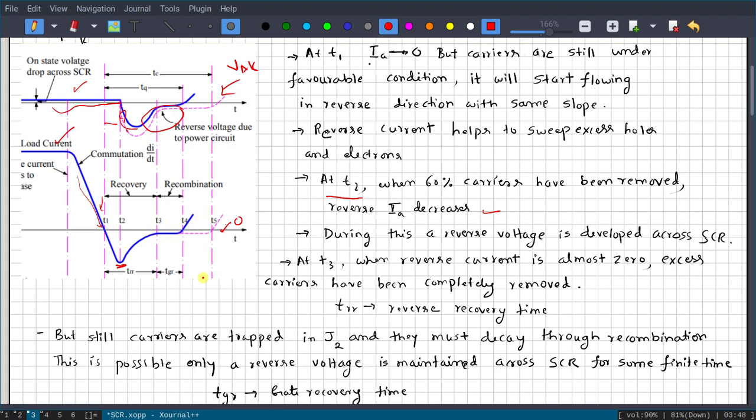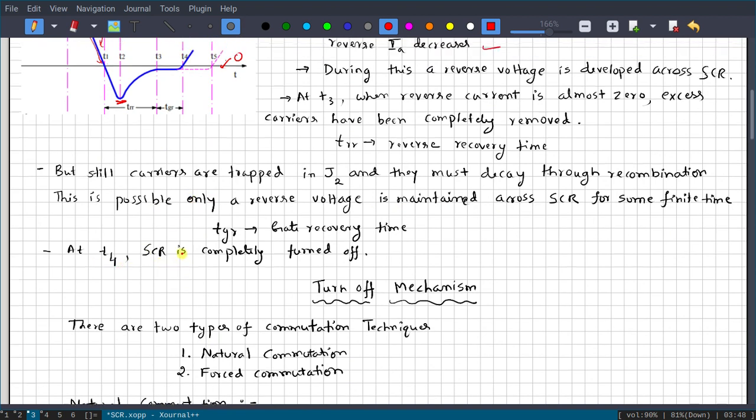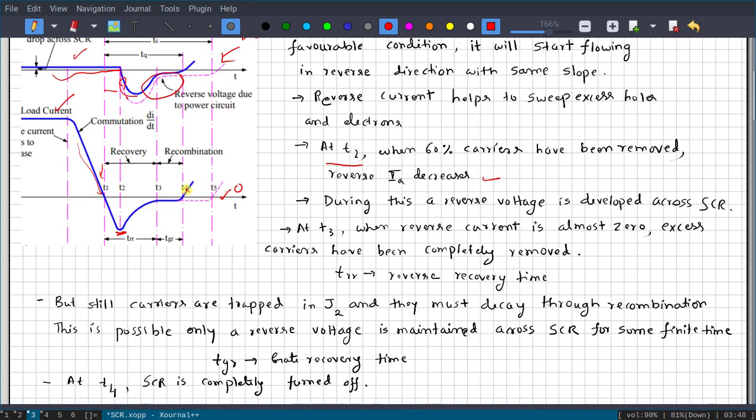That time is called TGR. So at T4 the SCR is completely turned off. At T equal to T4, all the charges which were trapped in J2 are removed by recombination. This T3 to T4 duration is called gate recovery time.